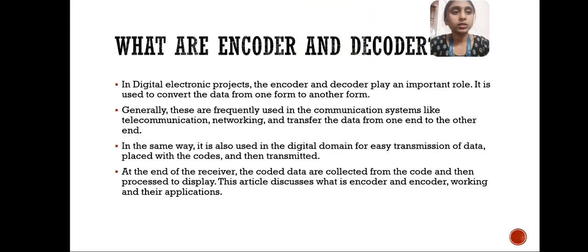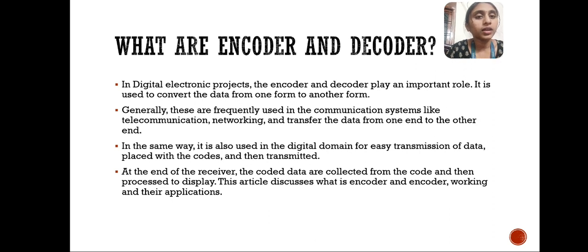What are encoders and decoders? In a digital electronic project, the encoder and decoder play an important role. It is used to convert the data from one form to another form. Generally, these are frequently used in communication systems like telecommunication and networks, to transfer the data from one end to the other end.